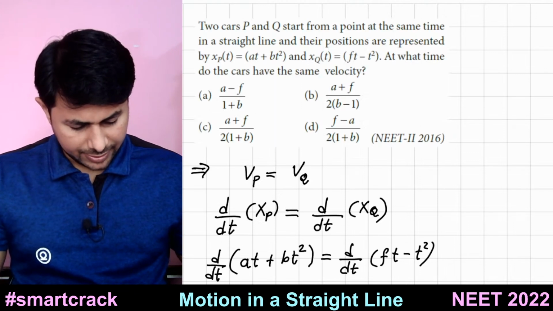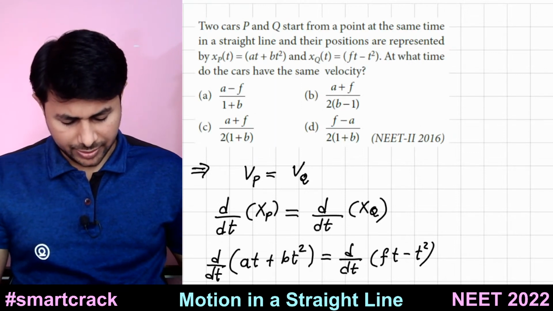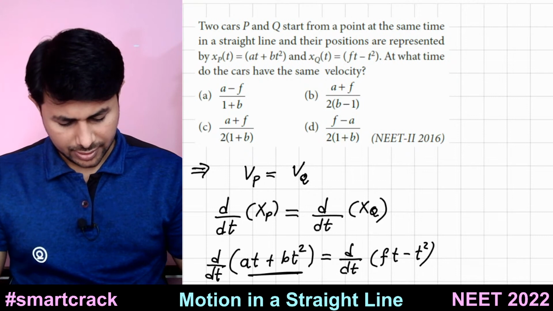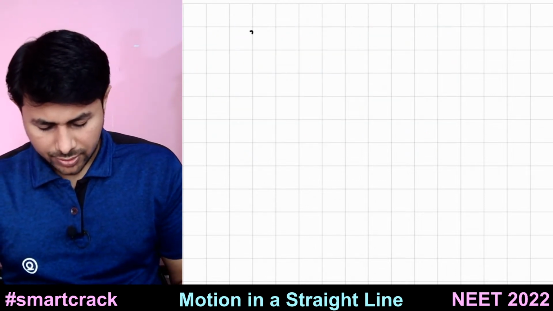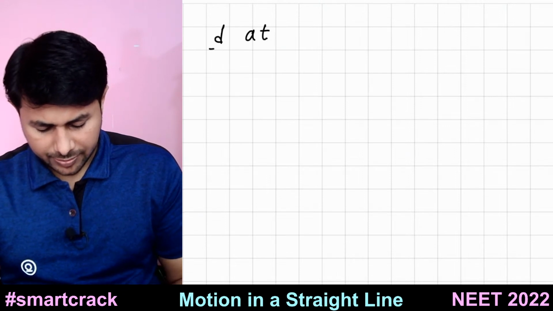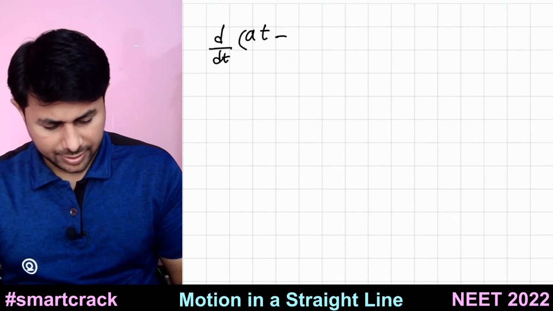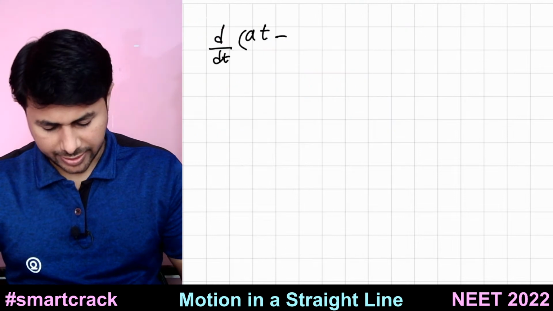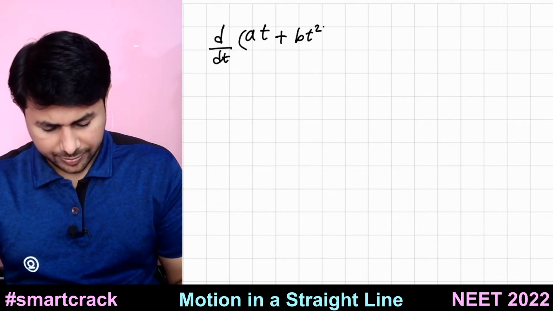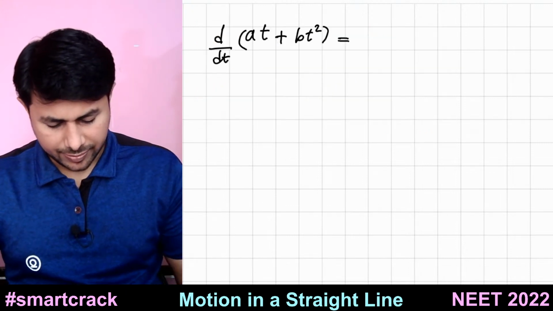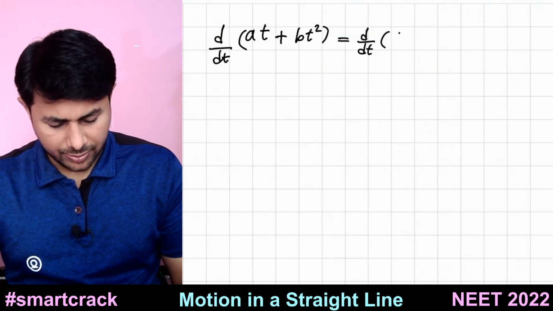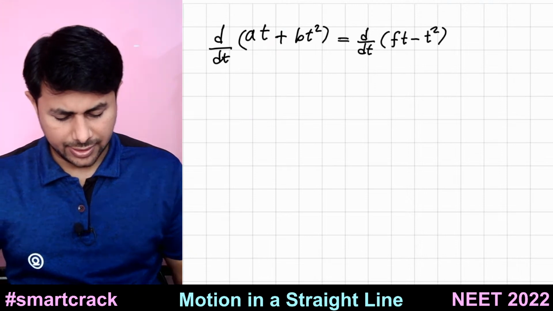If you take the derivative of at plus bt square, it equals the derivative of ft minus t square.